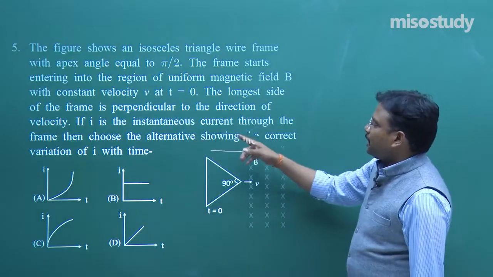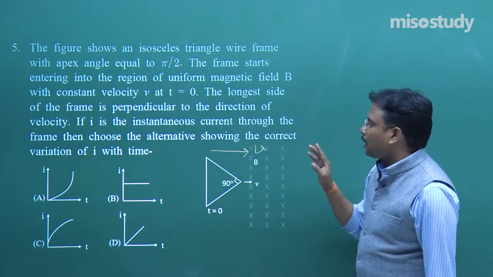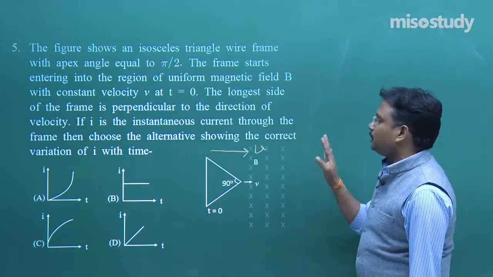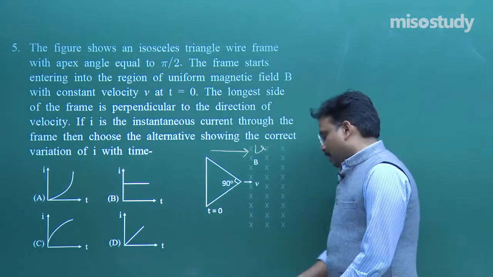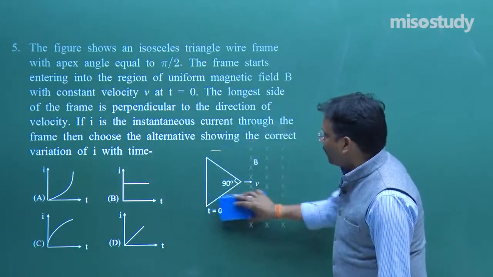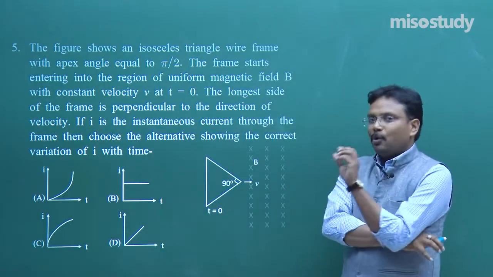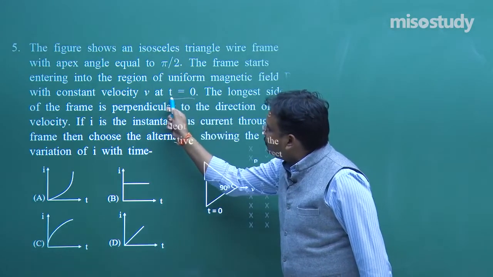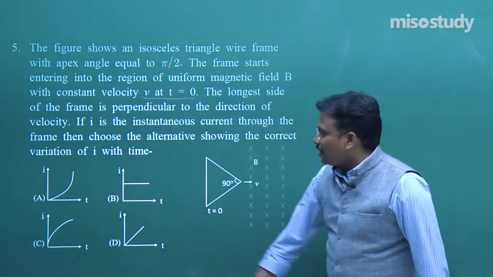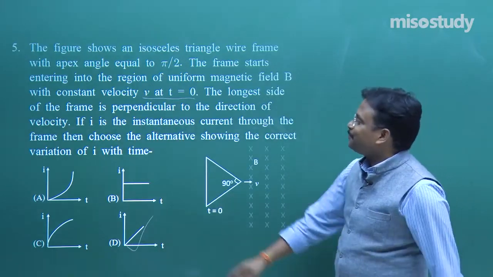So if I is the instantaneous current through the frame, then choose the correct answer which shows the correct variation of I with respect to time. Now, there are two approaches in this question. If you are comfortable with the concepts, then just by watching this line, you can say the correct answer is this. How? Okay, take a look.